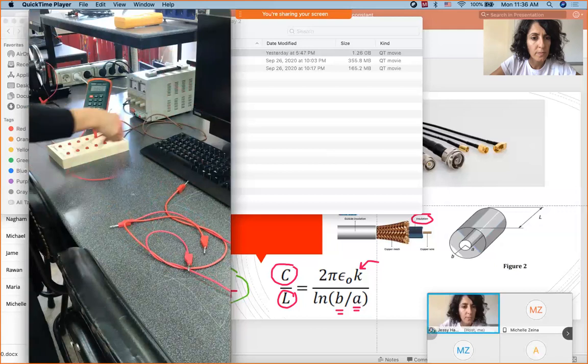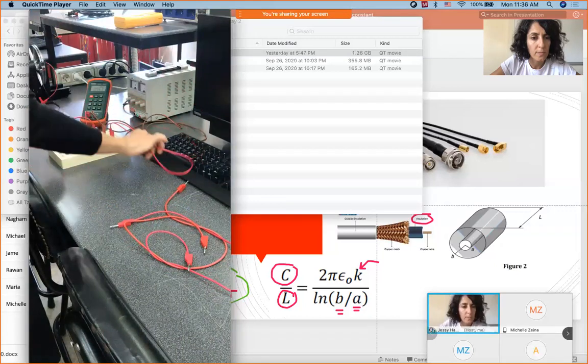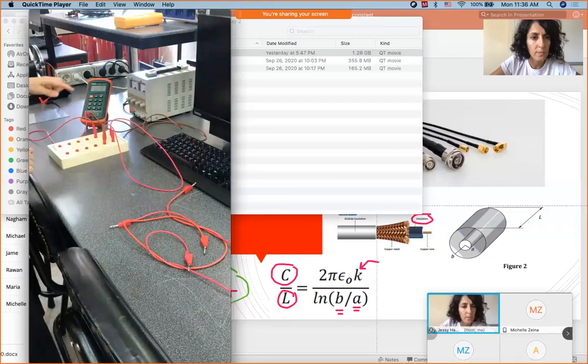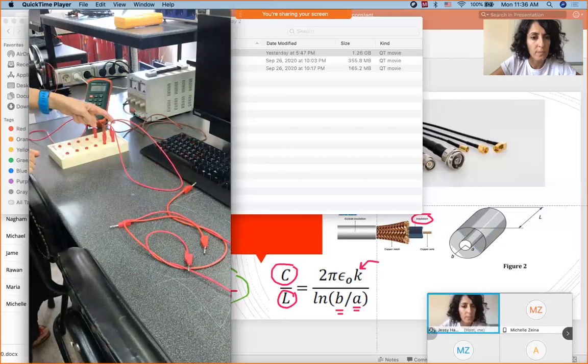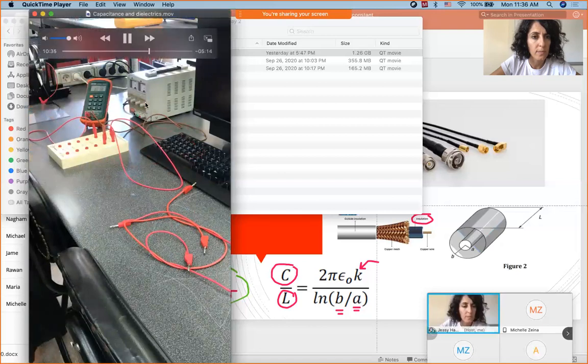Okay, so if you imagine a current flowing in the circuit, it will go out from this terminal into the first capacitor, to the second capacitor, and back to the LCR meter, which obviously shows a series connection.